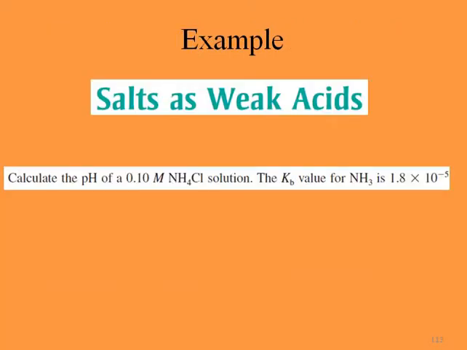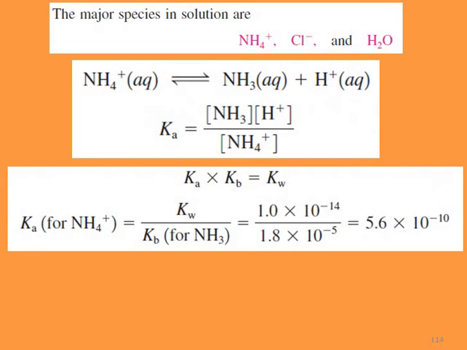Let's have an example. Salts as weak acids. We want to calculate the pH of a 0.1 molar ammonium chloride solution, and the Kb value for ammonia is 1.8 times 10 to the power of negative 5. What kind of species or ions are present? We have ammonium ion, chloride, and water.